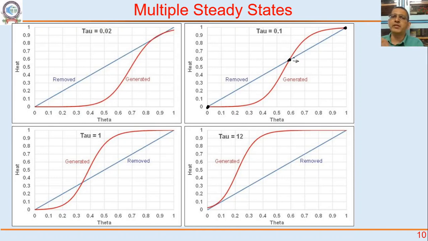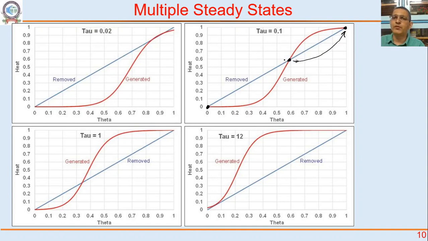Temperature will continuously rise, which means theta will increase. So if a small disturbance occurs, it was operating at this steady state, but it will now shift to the upper steady state, because heat generation is more than heat removal.